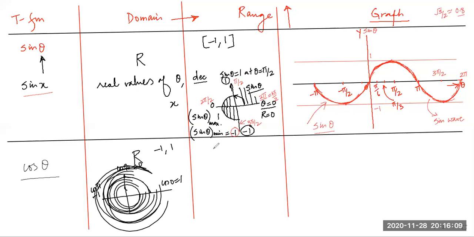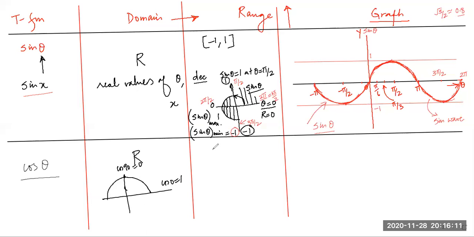Very interesting. So Ishma, can you tell what will be the range of cos theta? Minus 1, 1. Oh, that's beautiful. Enclosed with which bracket? Square bracket. Why? Square. Minus 1 and 1 are included.